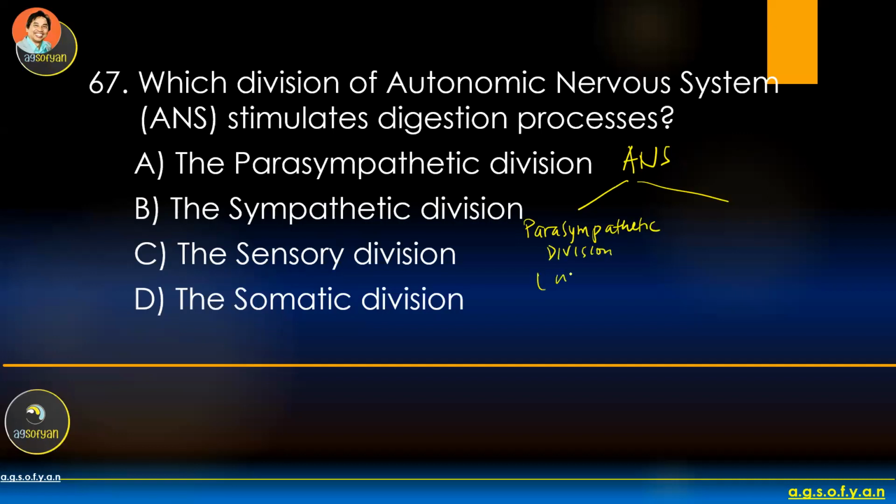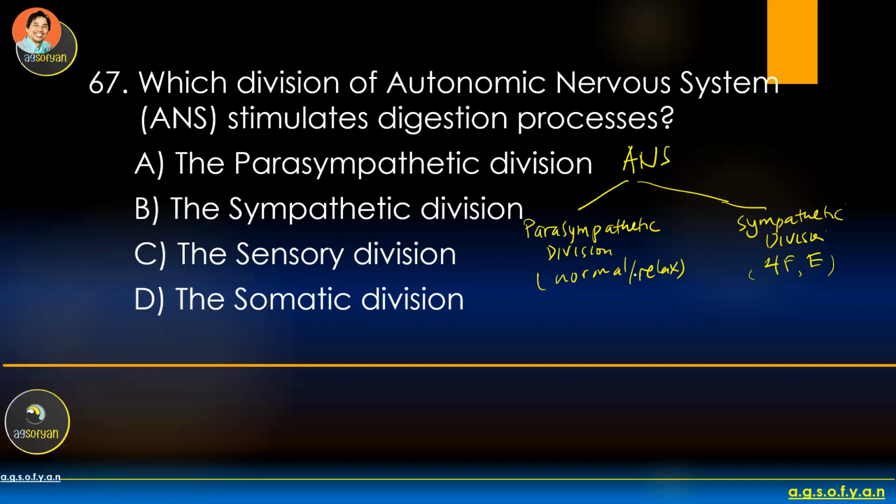This is during normal relaxed time. And then the second one is called the sympathetic division. This is during specific times, like for F4E, emergency, fight, flight, angry. So this is the sympathetic division.